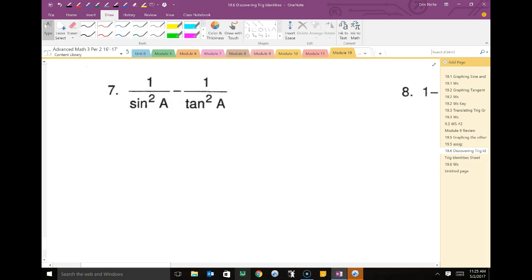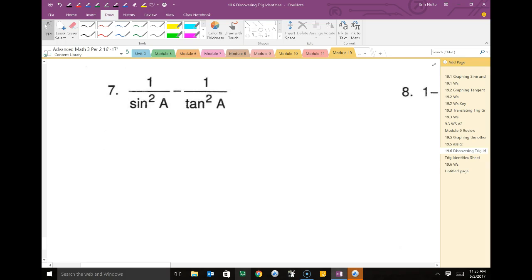So does anybody see a possibility for us to convert one of these functions? What would you potentially do on this?